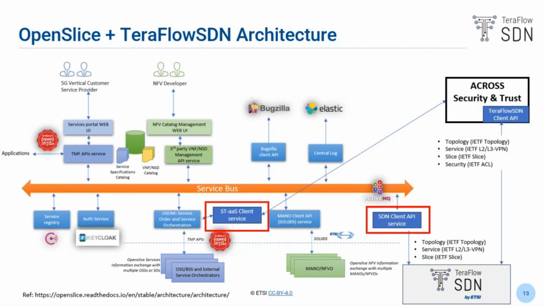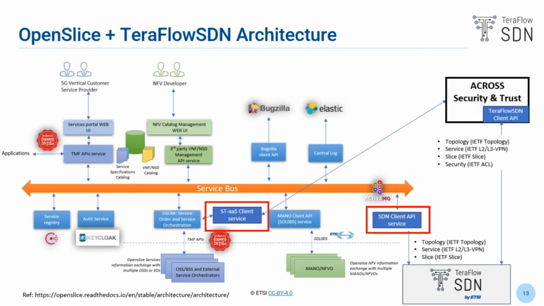The only thing that I want to mention here is that one of the extensions we envision is that in OpenSlice we will have to implement some SDN client API service that enables interaction with the TeraFlowSDN. The main topics for this interaction will be collecting the underlying topology, because if you want to deploy services cross-domain and you need to traverse different transport networks and core networks, somehow you need to configure these networks.